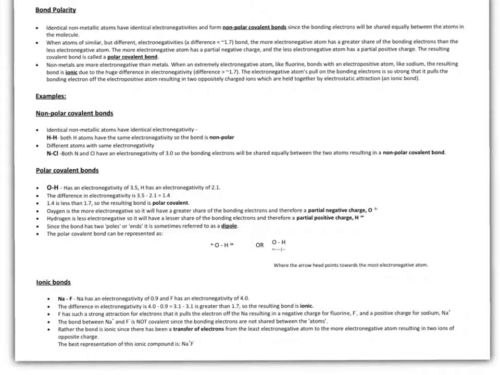Now, the reason we're doing this is because covalent bonds actually come in two types. If the electronegativities are the same, we call that a nonpolar covalent bond, because the electrons will be shared equally since they have an equal pull.